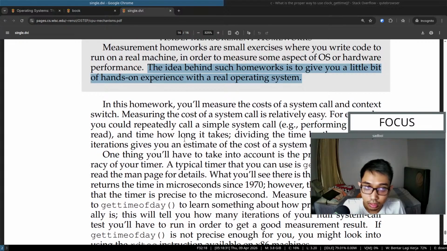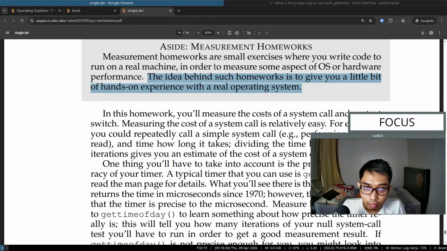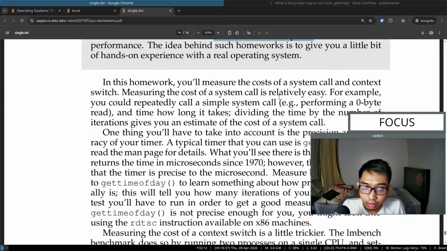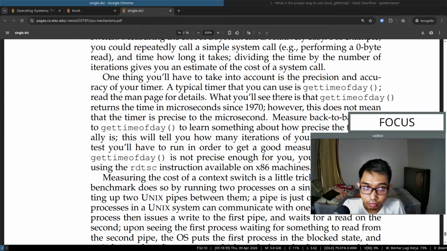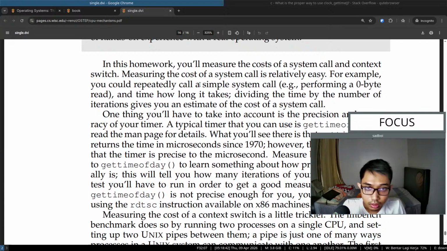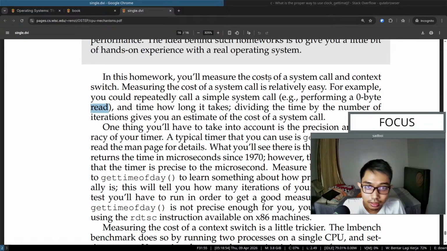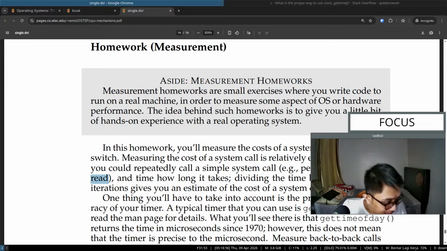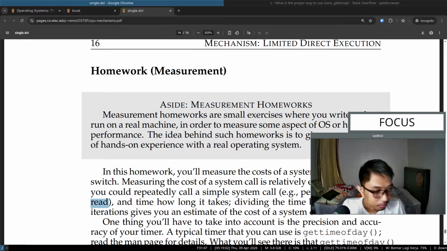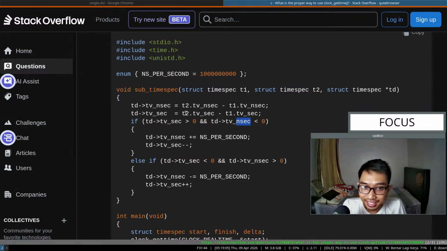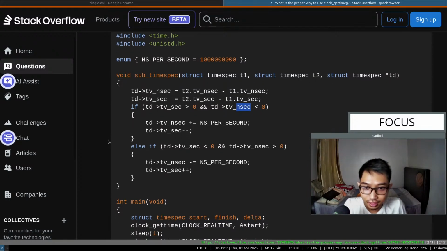So I'm trying to measure a simple system call, like reading 0 byte input, something like that. So yeah, still. I mean, I'm having fun. Learning all this new stuff is kind of interesting, I guess.